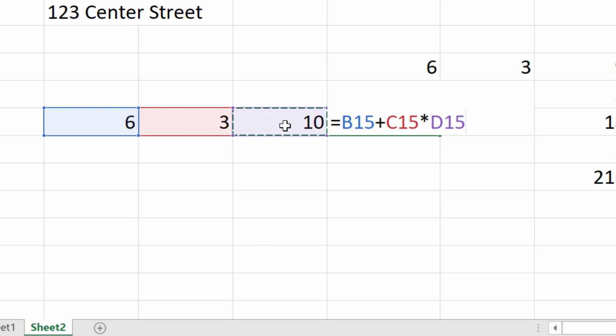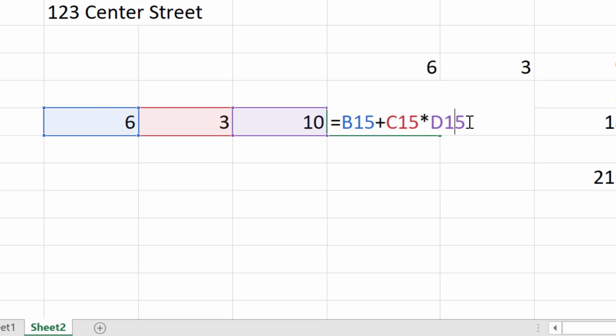If you multiply or divide, that's going to happen before adding and subtracting. As a result, even though I say B15 plus C15 times D15, Excel is going to multiply C15 times D15 first, because multiplication and division happens before addition and subtraction, and then it will add B15.